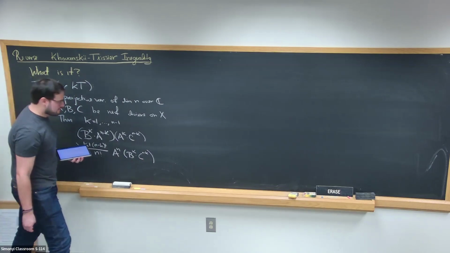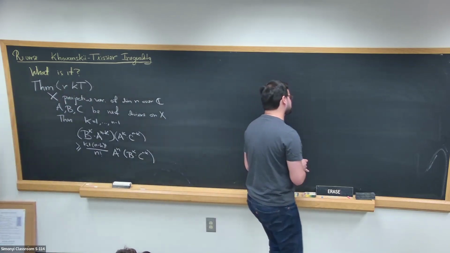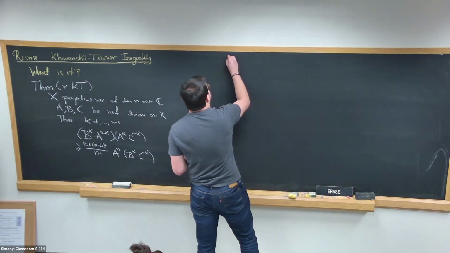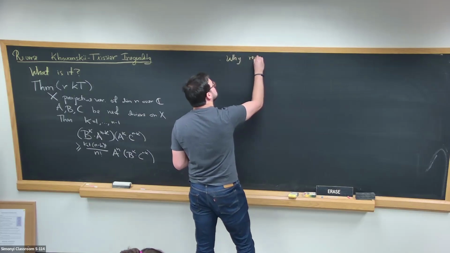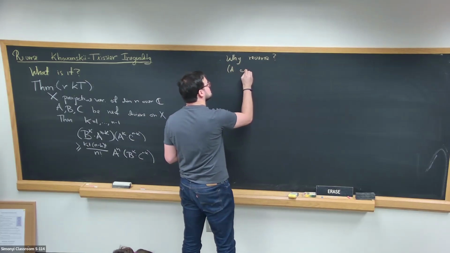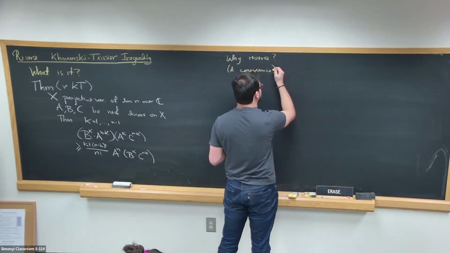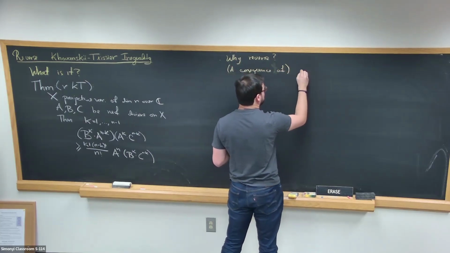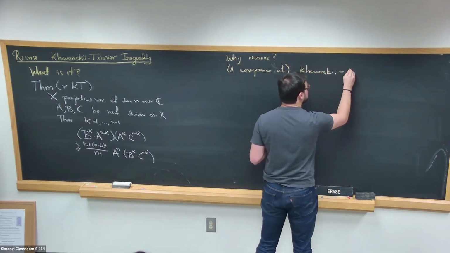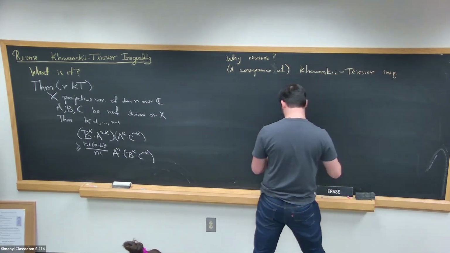So the first thing that one might ask is what's so reverse about it, and what does it have to do with the Khovanskii-Teissier inequality? So why reverse? For instance, a consequence of the usual Khovanskii-Teissier inequality is the following.